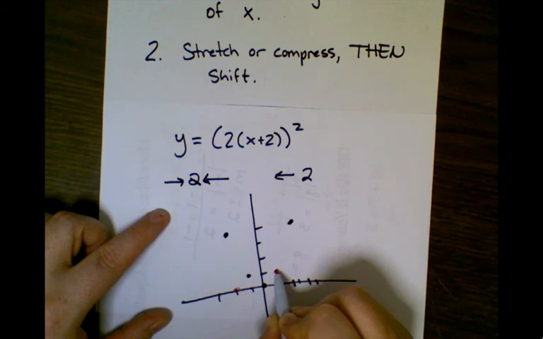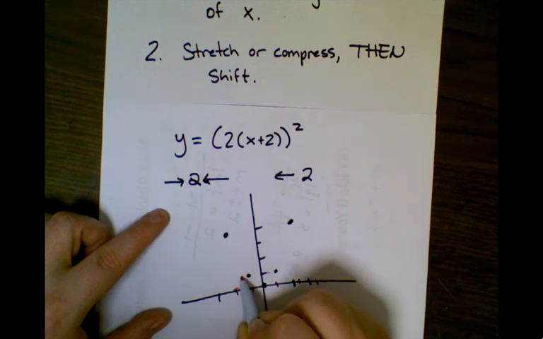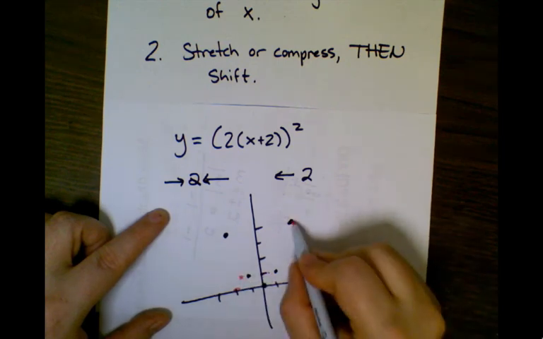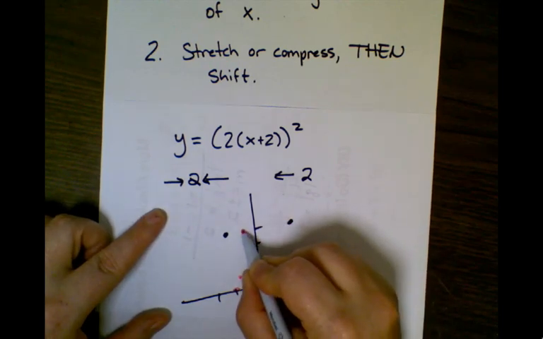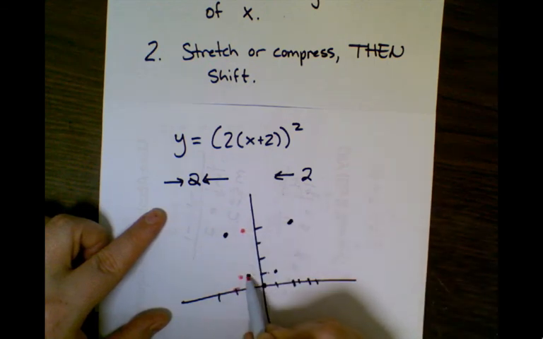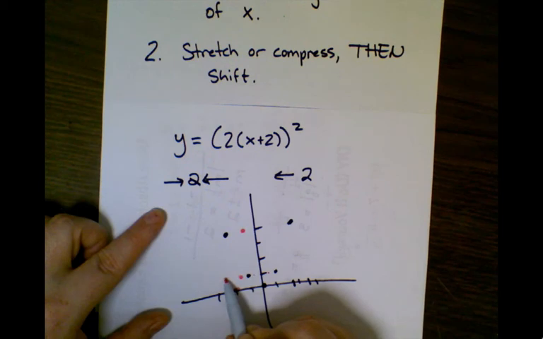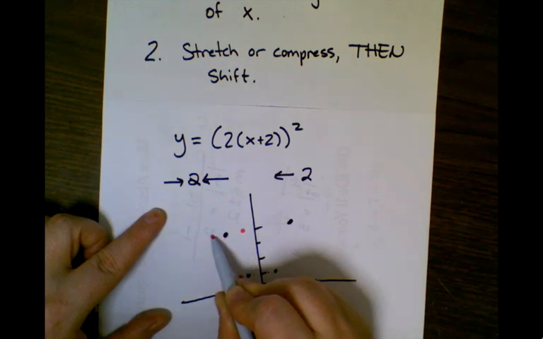Here, 1 cut in half is a half, and then back 2, so we're at, okay, there. 2 cut in half is 1, back 2 puts us at -1. And let's see, -1 cut in half is -1/2, back 2, -2.5. -2 cut in half is -1, back 2 is -3.